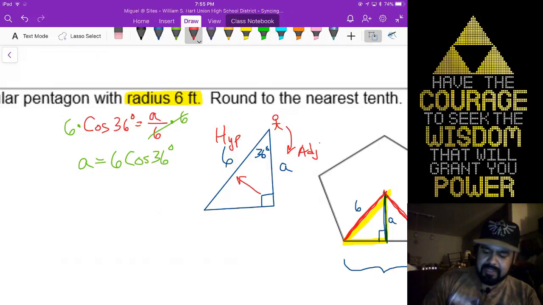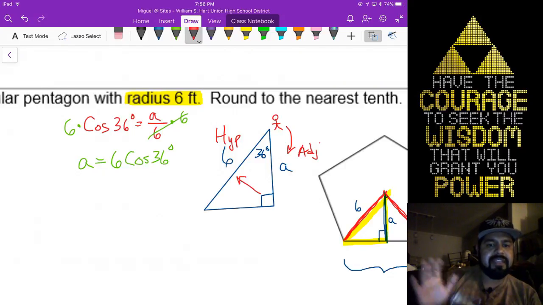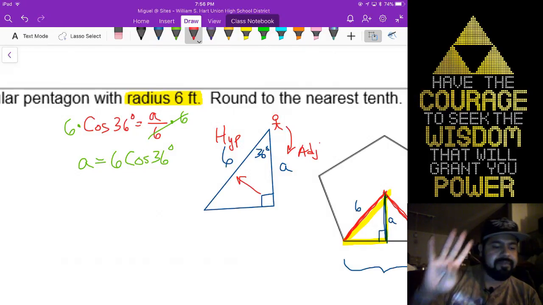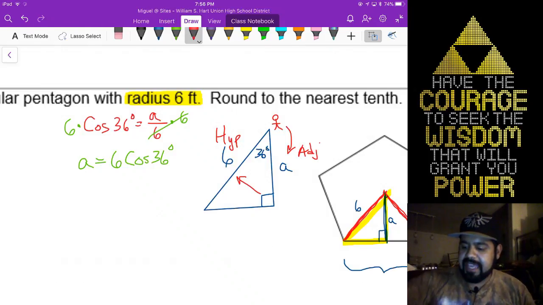Now, I do want you guys to avoid rounding halfway through. I want you to try to keep all the numbers in your calculator. However, if you can't, it's good to have 4 decimal places, right? So 6 cosine 36. So that is my 4.8541.